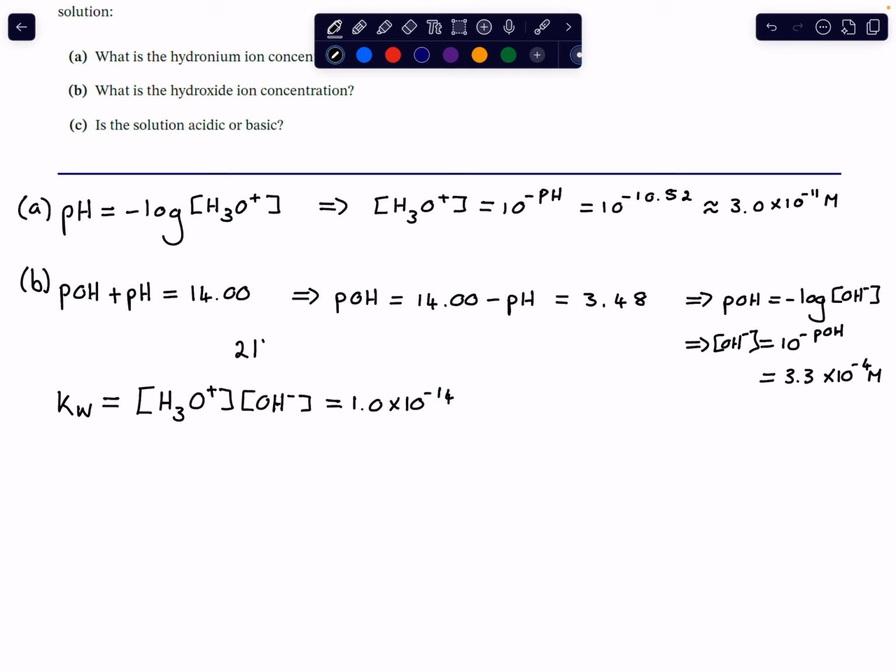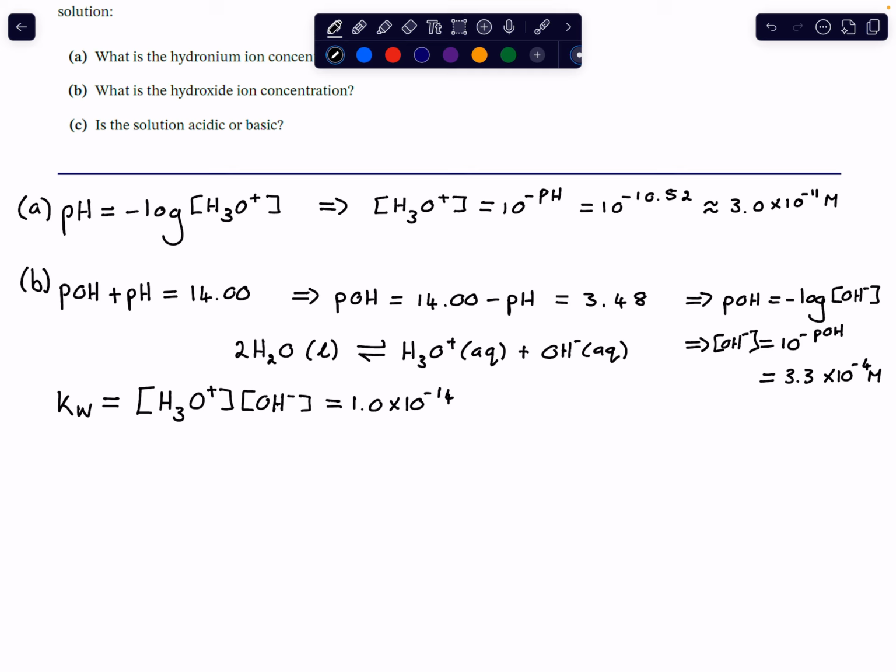Remember, because water forms an equilibrium with hydronium and hydroxide. And it has a Kw value of 1.0 times 10 to the negative 14 at 25 degrees Celsius. So even though it's not specified here, you can always assume that we're working under those standard conditions.